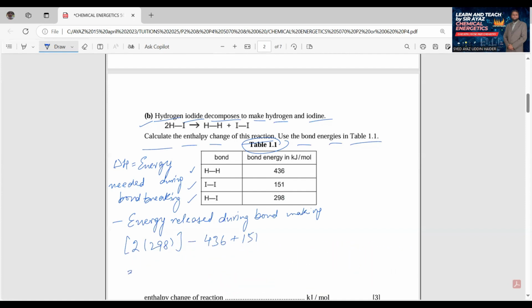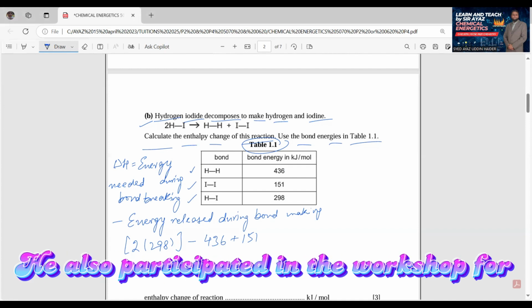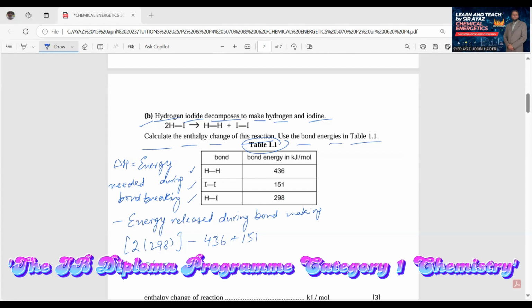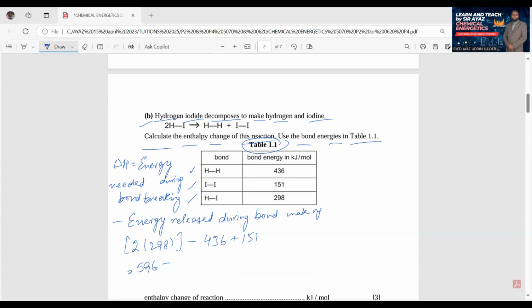Now let's solve this. 2 multiplied by 298 is 596. 596 minus 436 plus 151 is 587.